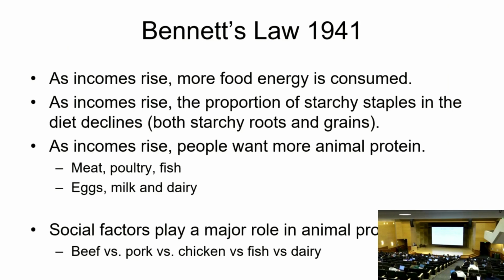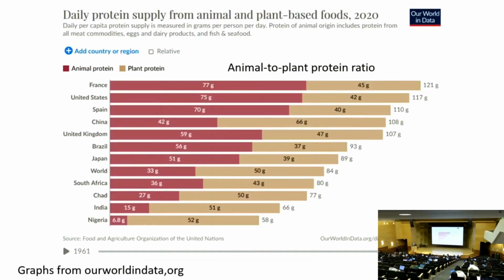And then the next point I was trying to make was this. As countries become richer, they eat more protein, and they also increase the animal to plant protein ratio. So if you look at this particular slide, which is from Our World in Data, the data actually from FAO, Food and Agriculture Organization of the United Nations, you see that you go from Nigeria to India to Chad to South Africa, and then move up to Japan and Brazil and United Kingdom.